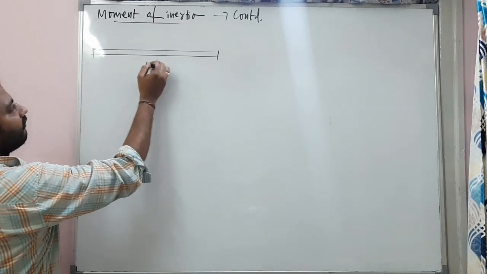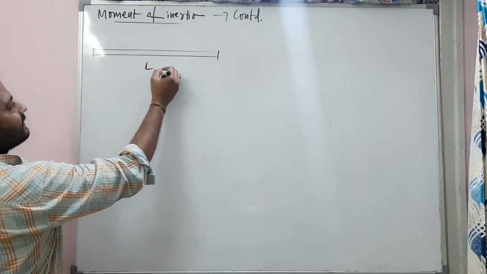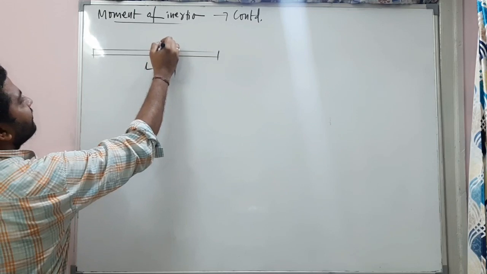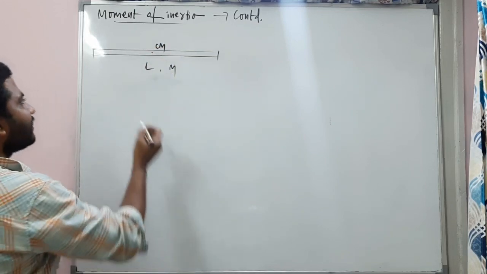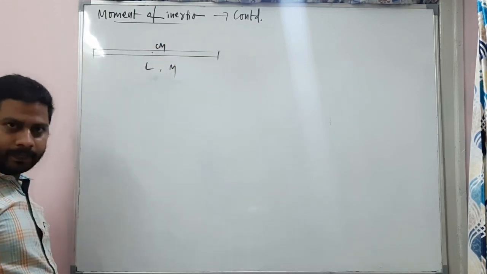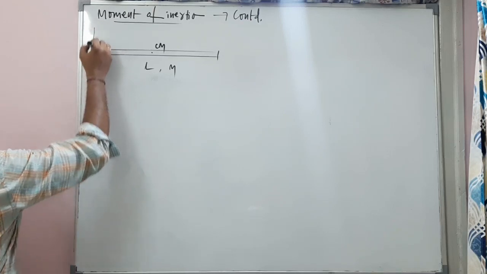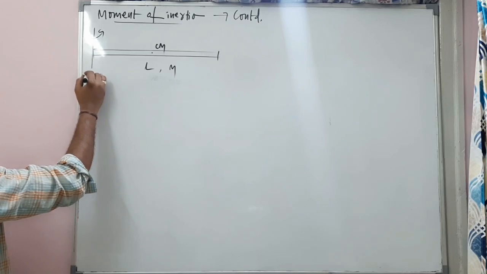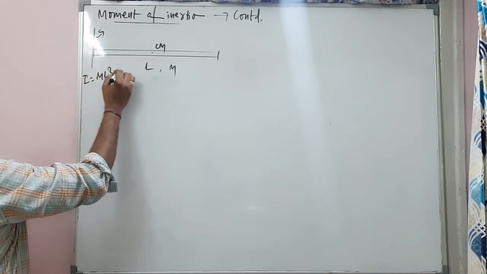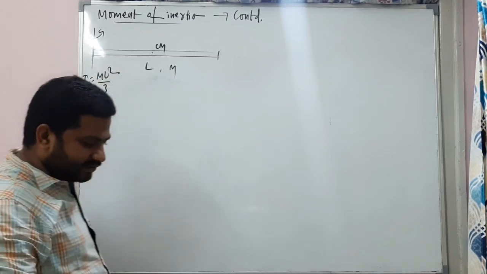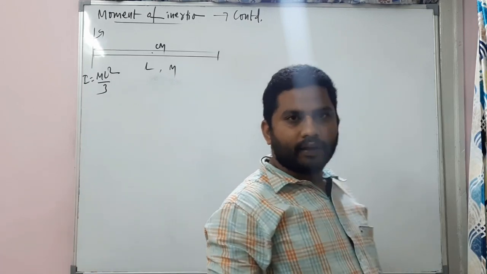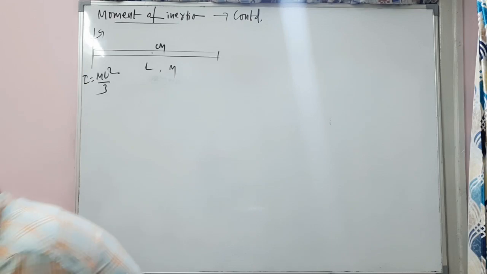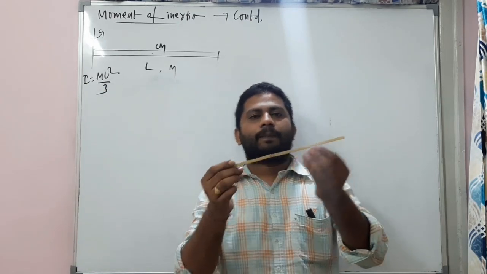So this is the rod of length L and mass M. The center of mass of the rod lies here, and this is the end of the rod.